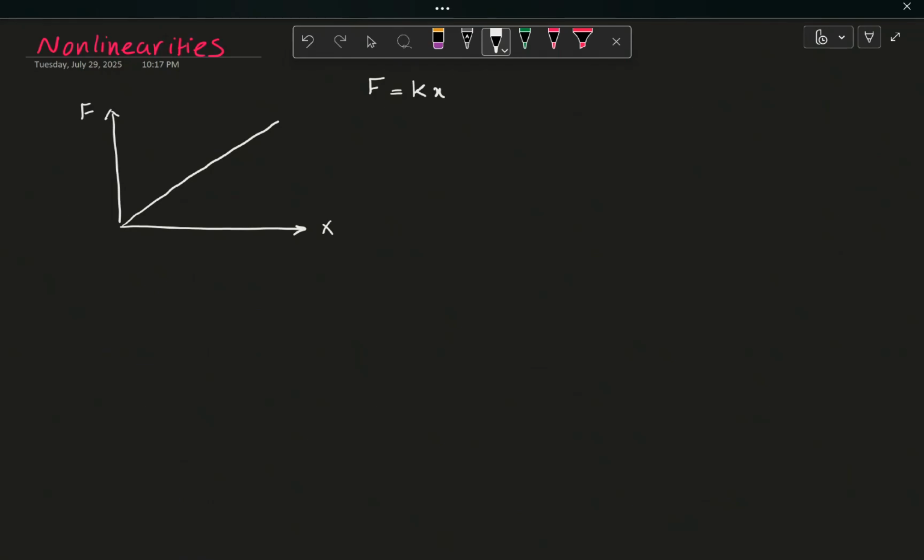Similarly, we had the equation for a linear damper, that the force was equal to B x dot or delta x dot. If you plot force with respect to x dot, again it's going to be a straight line passing through the origin, and the slope of that line is the constant of your damper B.